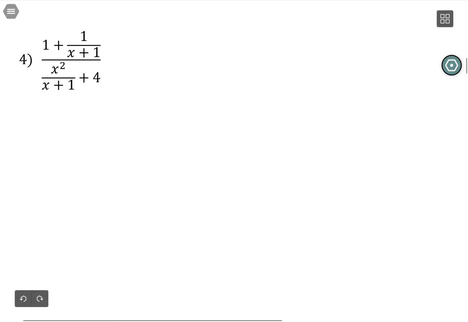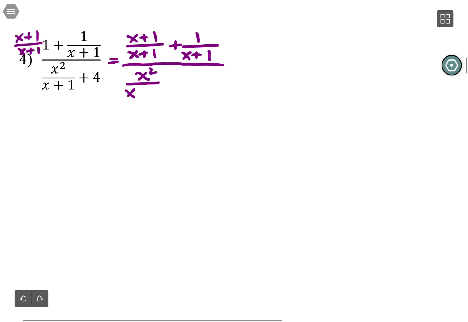The common denominator is going to be x plus 1. So we'll multiply this by x plus 1 over x plus 1. And we'll get x plus 1 over x plus 1 plus 1 over x plus 1. On the bottom, common denominator also x plus 1. So the first fraction is fine.